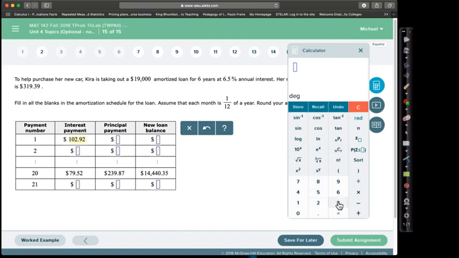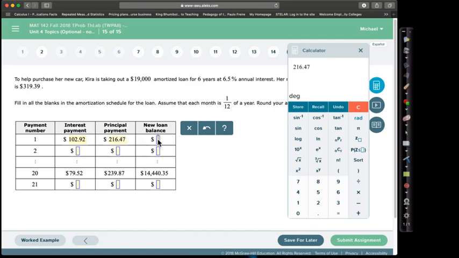We're going to take the monthly payment, $319.39, and subtract 102.92. That's how much the loan is going to get reduced, the principal payment, $216.47.